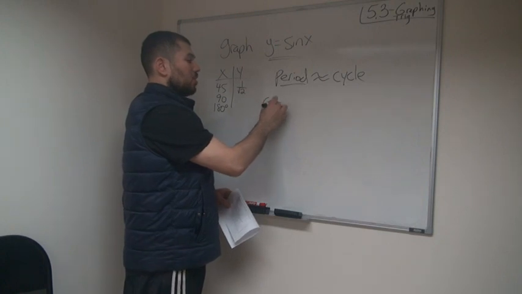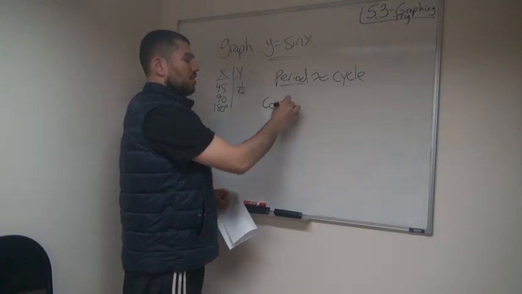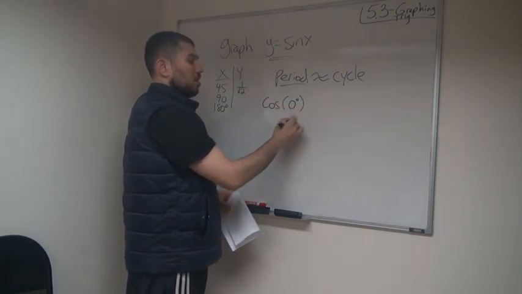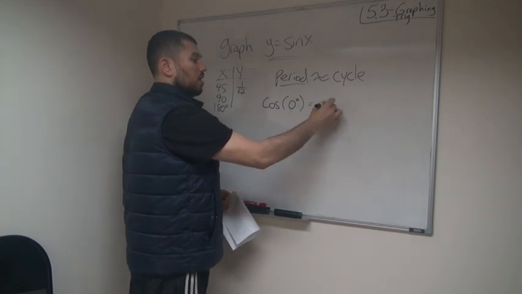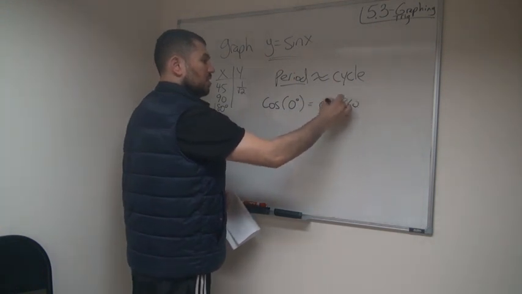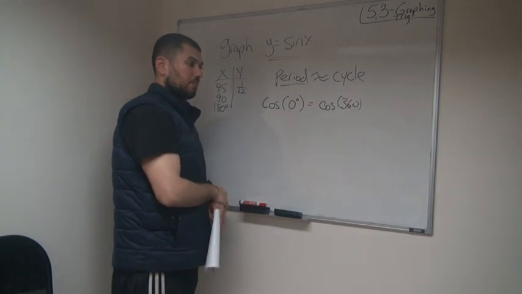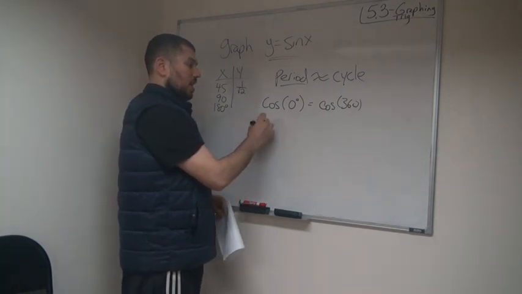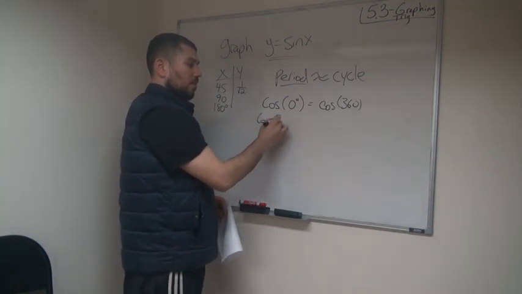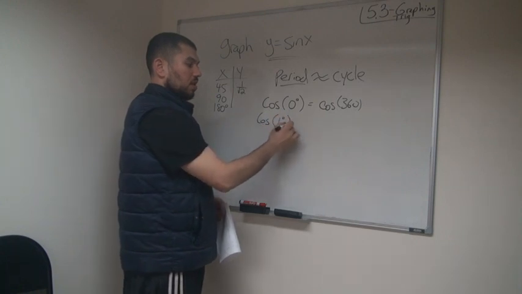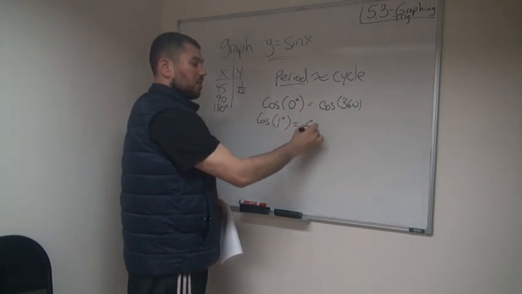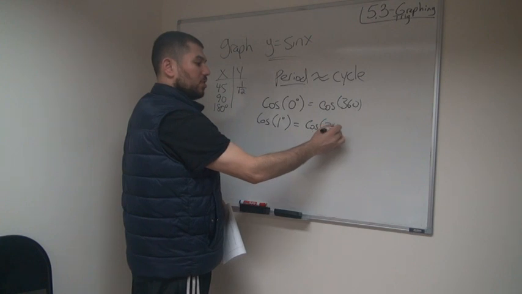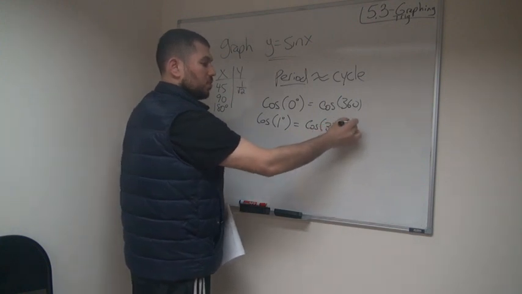That means if I had the cosine of 0 degrees, or the cosine of 360 degrees, it would be the same. If I had the cosine of 1 degree, that would equal the cosine of 2 pi, which is 360 degrees, plus 1 degree.